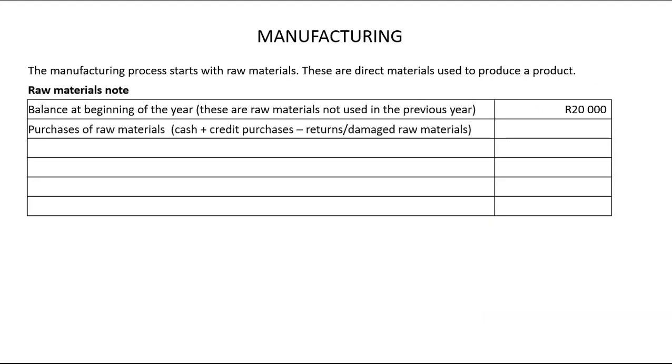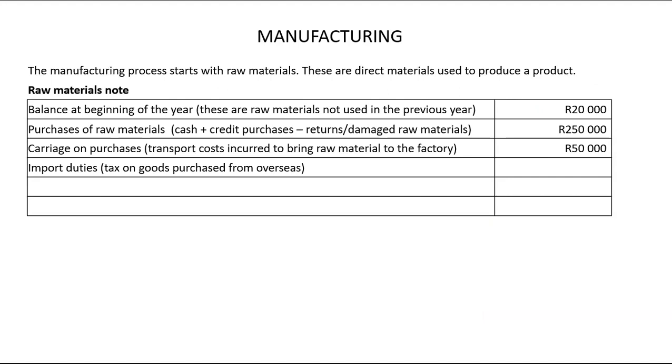Basically, your manufacturing, as I've said, will start with your direct material from the previous year. Then you add your purchases, cash plus credit purchases, minus your returns or damaged raw materials. You add your carriage, which is just transport incurred to bring the raw material to the factory. And then you add any import duties, you minus raw materials that were not used at the end of this year.